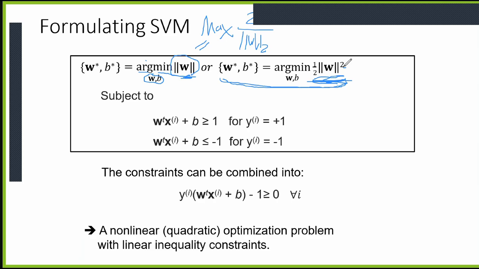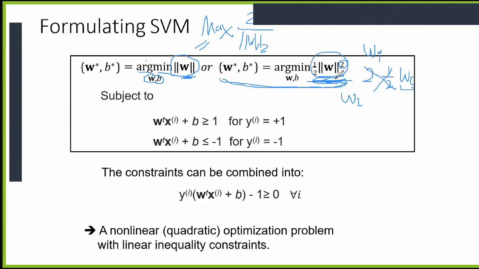If it's squared, then if we take the partial derivative with respect to some weight, by the chain rule we would get exactly Wi here.